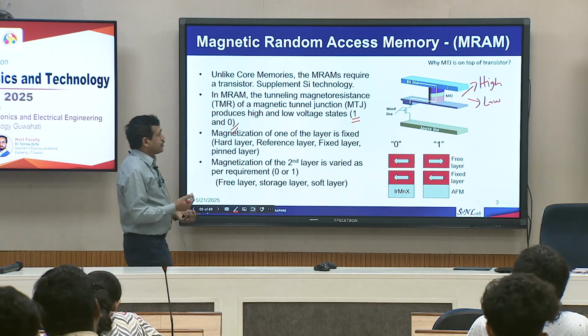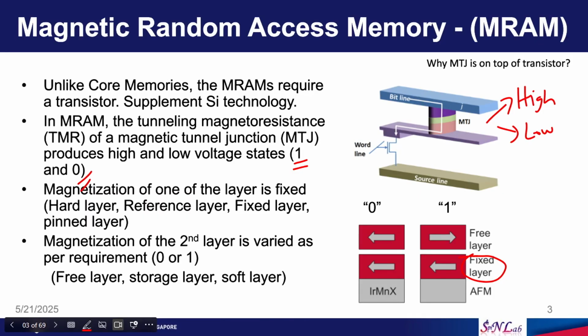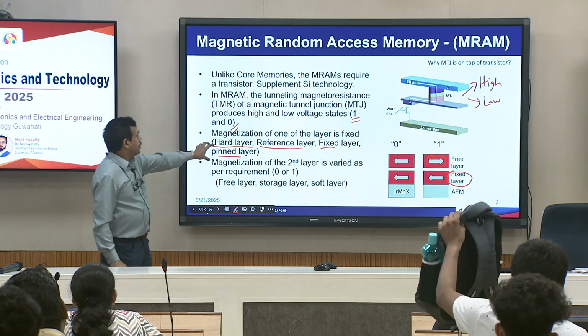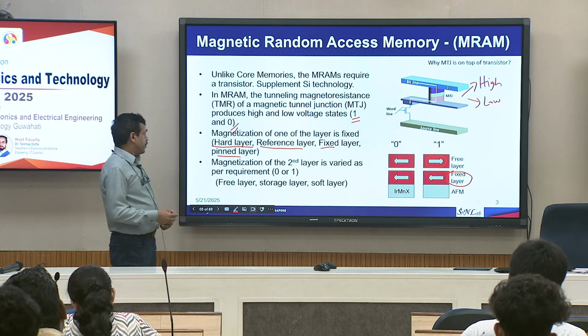Like in the TMR sensor that we learnt, we have one fixed layer whose magnetization is always fixed in one direction, and the free layer direction is different. As I mentioned before, the fixed layer has many different terminologies: some people call it hard layer, reference layer, fixed layer, pinned layer. All these terminologies mean the same thing, the layer whose magnetization does not change. The magnetization of the second layer is varied as per requirement.